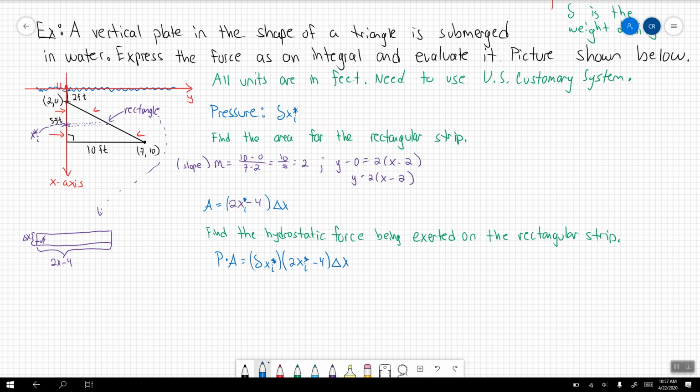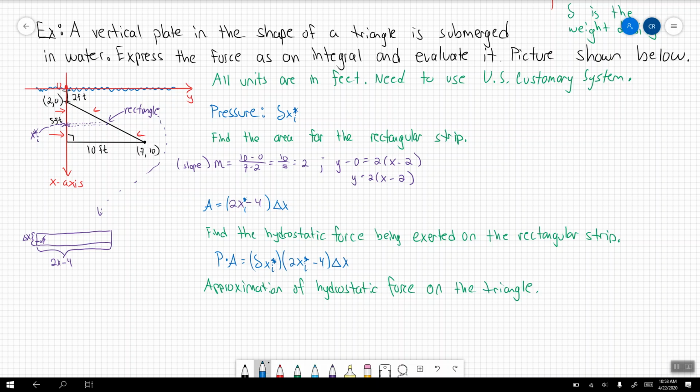For all of that triangle, we split the height of the triangle into n small pieces, which means if we wanted to get a good approximation of the hydrostatic force on the triangle, what we're going to do is take a big summation.